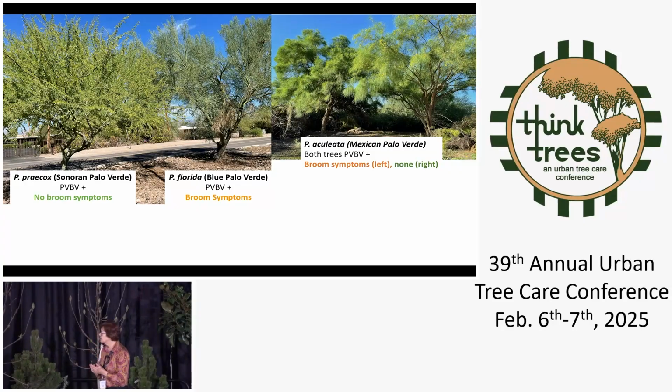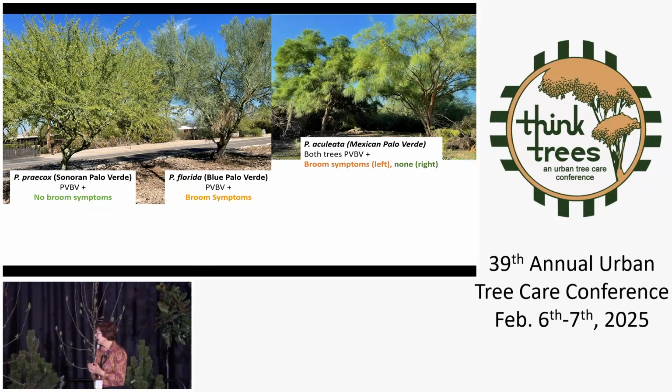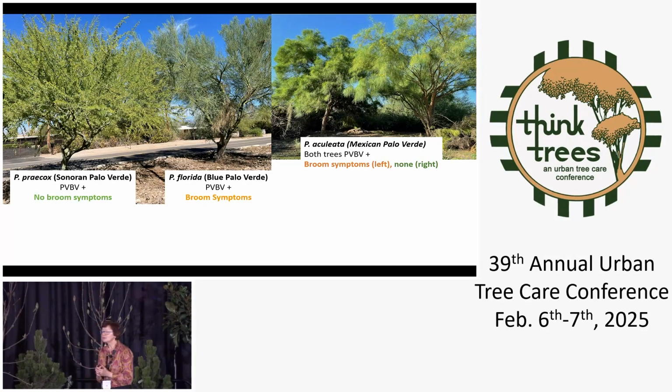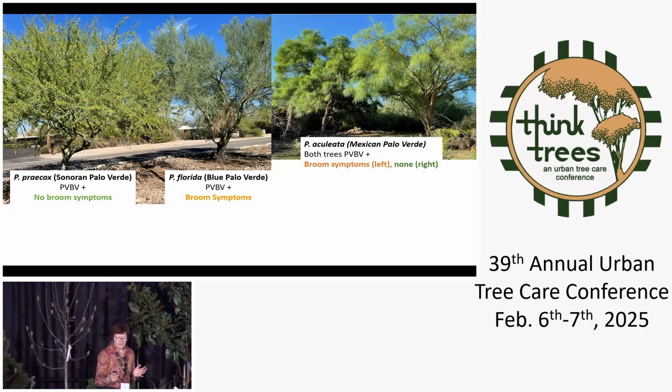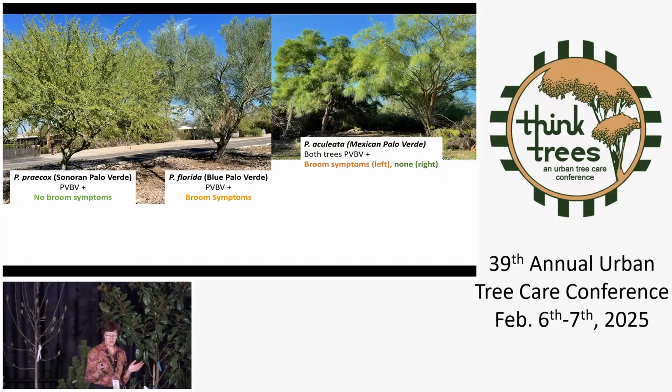So what we found is that the Sonoran palo verde had half of those plants we sampled. They had the virus, the PVBV, that is the palo verde broom virus, and no symptoms. We never saw a Sonoran palo verde with symptoms. The blue palo verde, of course, a lot of them.